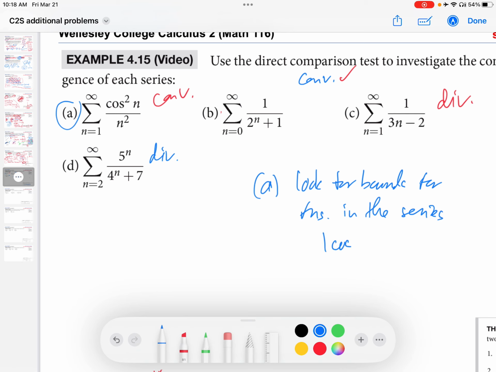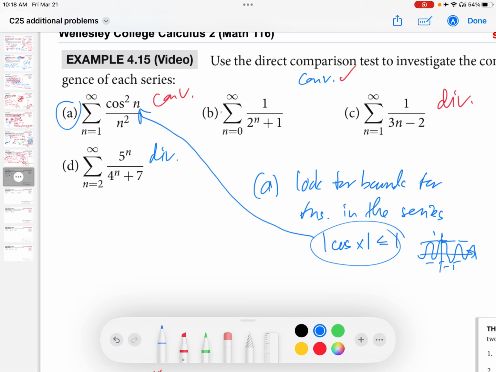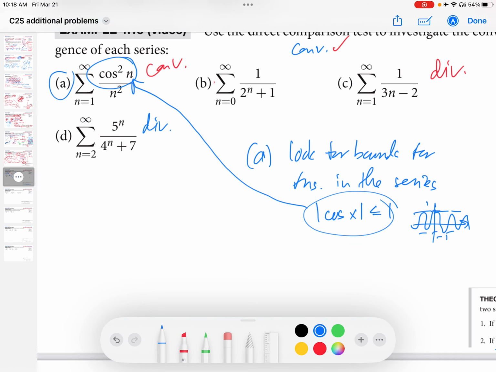If you rewind, we talked about the fact that the values for cosine, as a function, oscillate between -1 and 1. So that was a bound that we got straight from looking at one of the functions, in this case the numerator, involved in the series. That really helped us for part A.